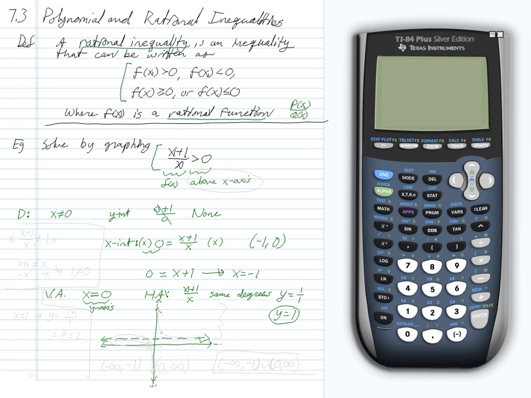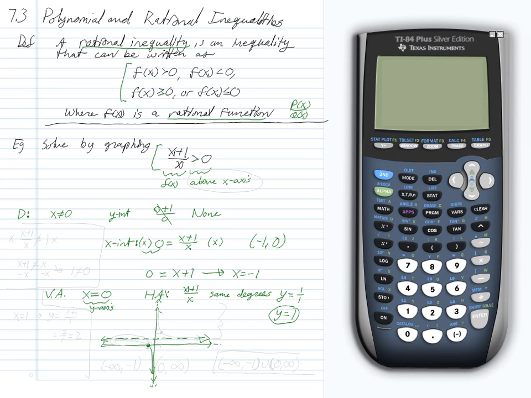So I'll kind of indicate that that is extending outward, or up and down. Our x-intercept at negative 1, 0, and we have no y-intercept to speak of. So the behavior on the left is trapped by the vertical asymptote.